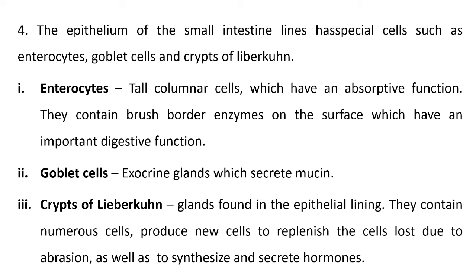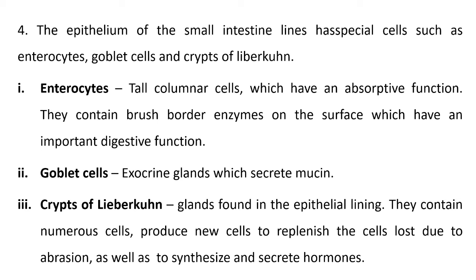Second, goblet cells. These goblet cells are exocrine in function. They secrete mucin substance, which helps in the process of digestion. It contains certain enzymes, so due to enzymatic activity the complete digestion of lipid takes place. Then crypts of Lieberkühn.